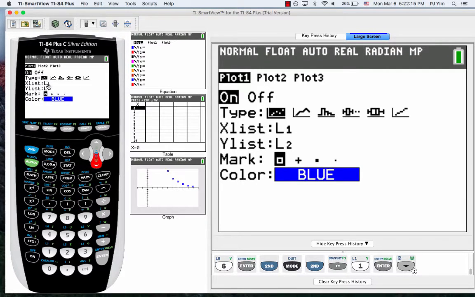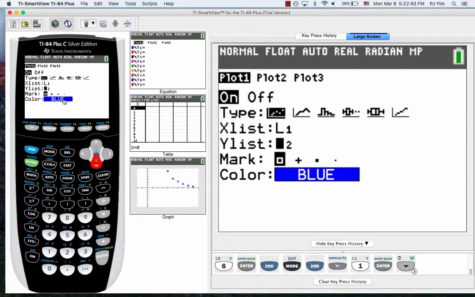The X list is the input list, and you can see on the small screen what it looks like, but you won't have that luxury with your own calculator. The Y list is drawn from the second list, L2. The marks will be the square dots, or you could use other ones, but that's what I prefer. And I'm going to go with the blue one.